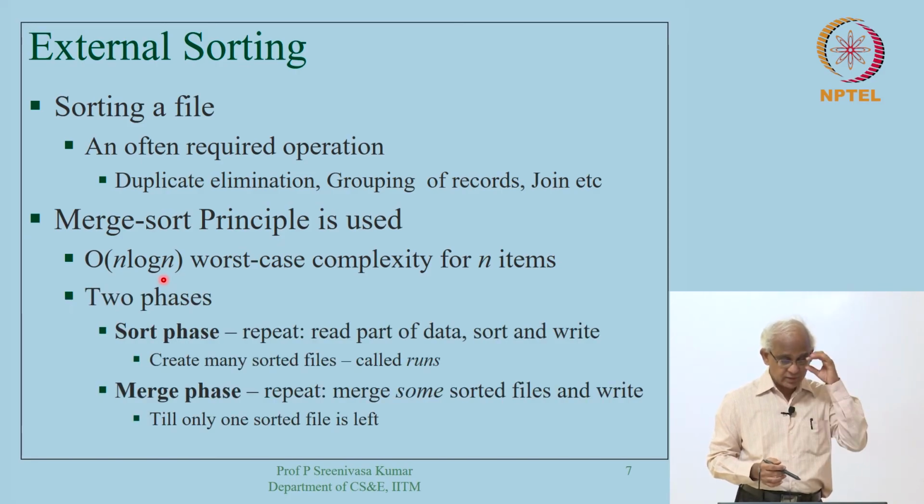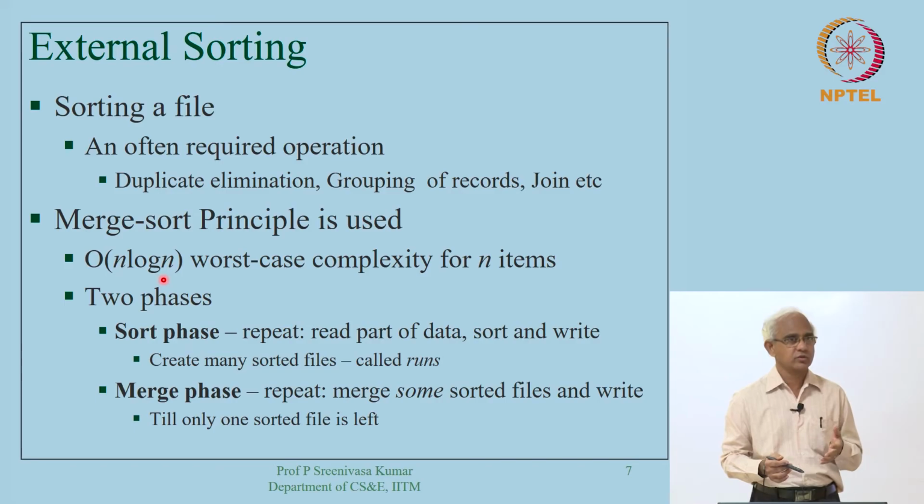In external sorting, while we are using the merge sort principle, there are usually two phases to be considered. One is called the sort phase, the other is called the merge phase. You might be confused: if you are already sorting, what is the question of merging?